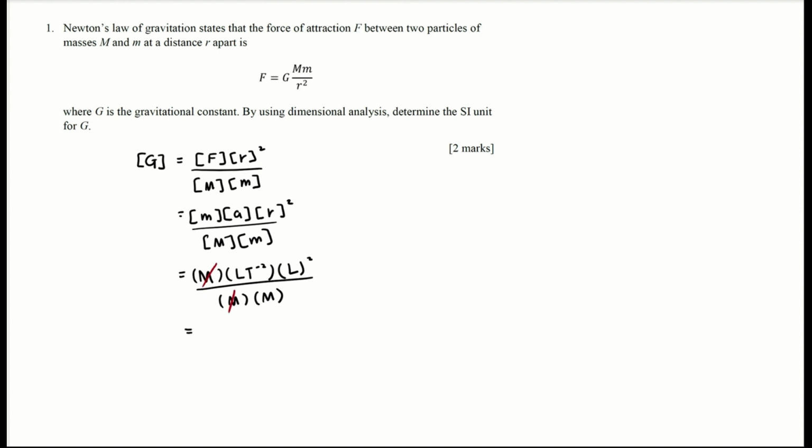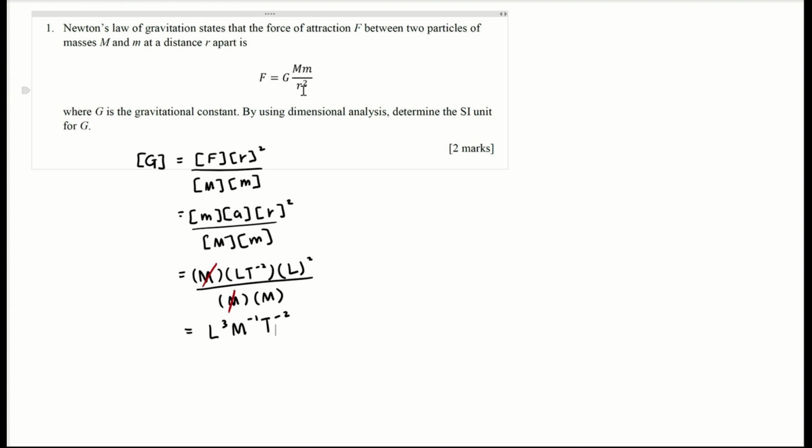Dan akhir sekali saya dapat dimension of the gravitational constant is L cube M negative 1 T negative 2. Okay, tapi soalan bukan minta dimension. Kalau soalan minta dimension, so inilah jawapannya.